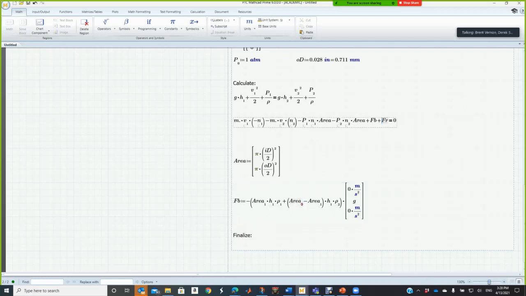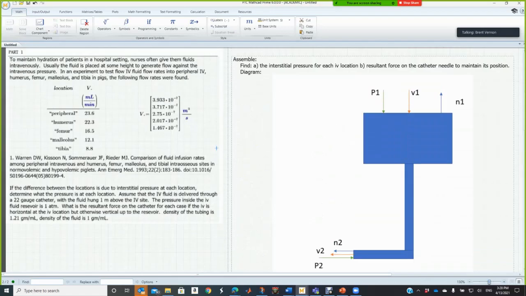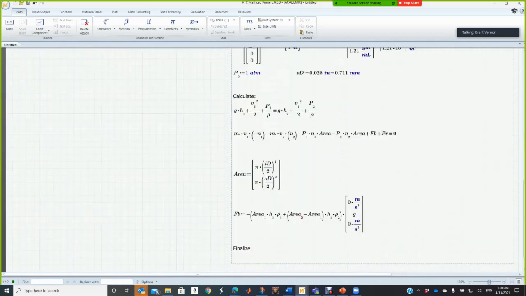You're solving for this FR, because the final question is, what's the resultant force? You're going to rearrange this equation and solve it for FR, but you can't do that until you've already solved for F. So before I solve this up here, I'm going to rearrange it. In the end, it's going to look like this.